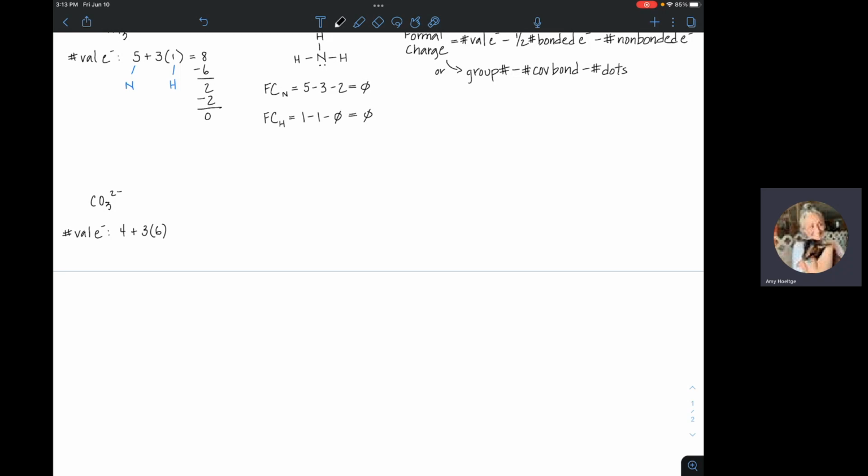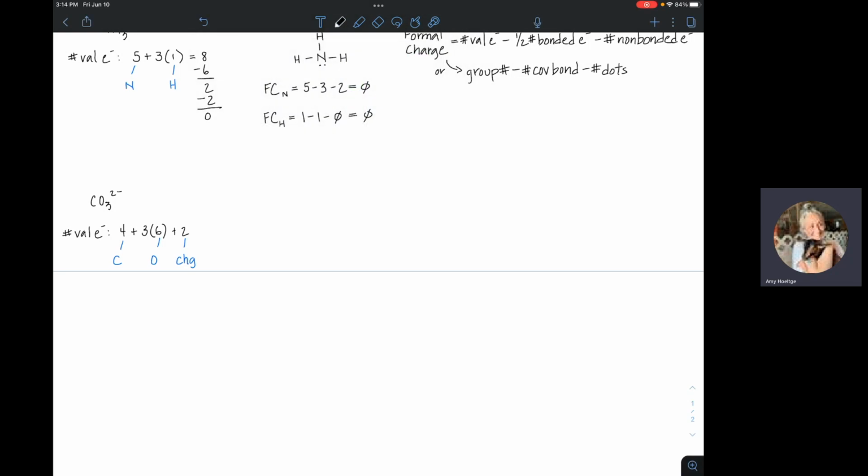And each electron has a -1 charge. So I'm going to go ahead and add 2 to make sure that whatever structure I come out with has a -2 charge. So let me go ahead and label this. This is the number of valence electrons in the carbon. This is going to be the number of valence electrons for each of the 3 oxygen. And then this 2 is going to be the charge. That's our -2 charge.